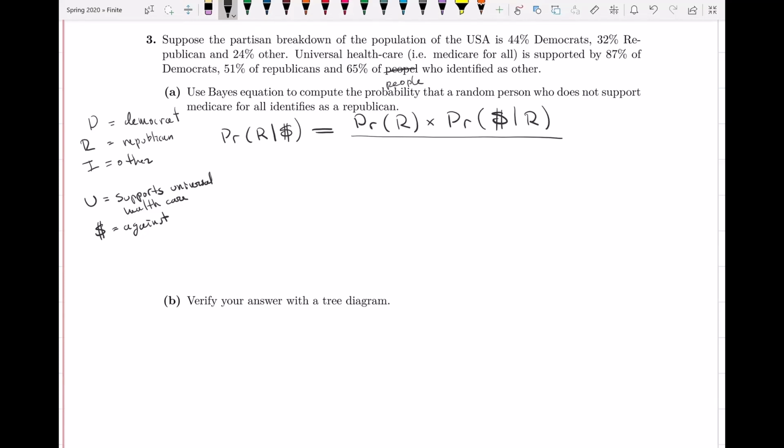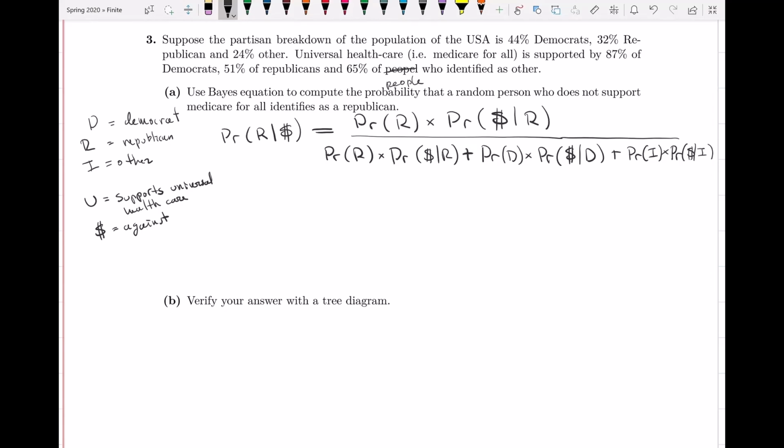So you could be a Republican, so probability of a Republican times probability of not supporting universal healthcare given that you're a Republican. Or you could be a Democrat, so the probability that the person's a Democrat times the probability that they don't support universal healthcare given that they're a Democrat, plus the probability that they're an independent, the third option, times the probability that they don't support universal healthcare given that they're an independent.